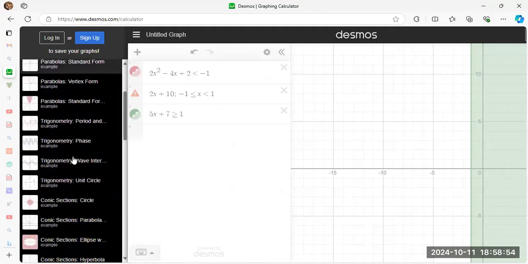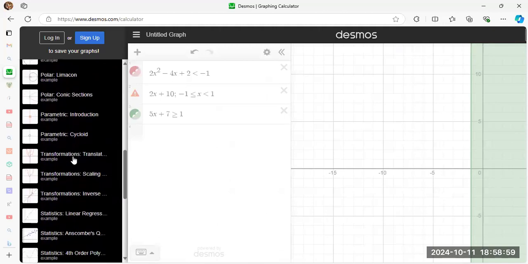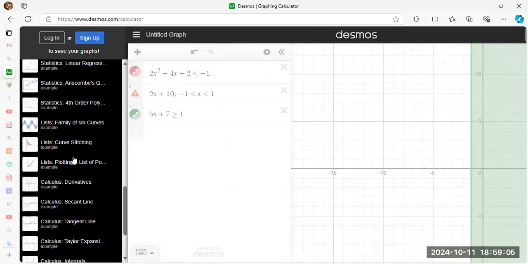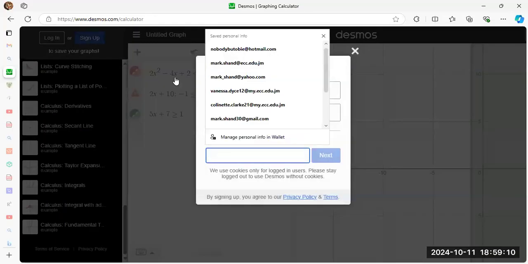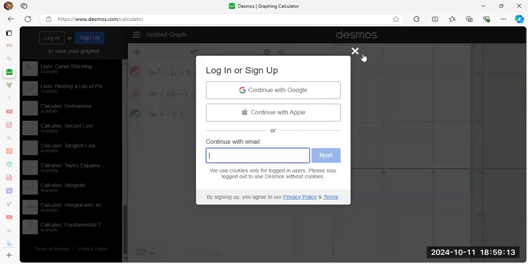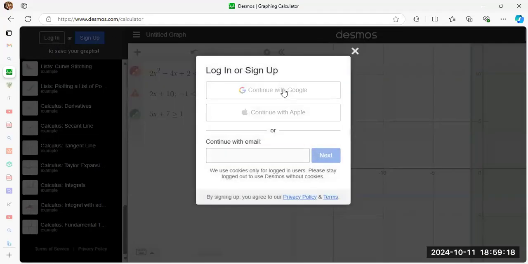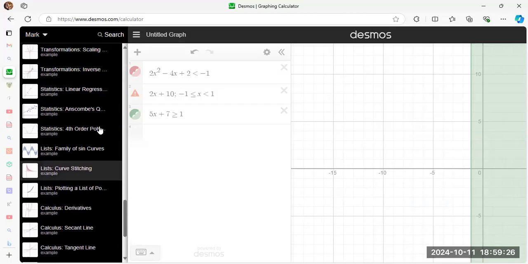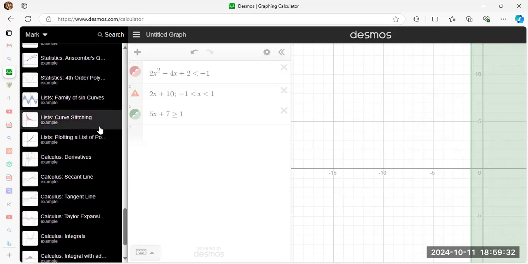I'm looking for my piecewise graph. This is a good introduction to it. I'm not seeing piecewise here. Oh, I don't need to sign up, I need to just sign in. Okay, so I'm into my account. Why am I not seeing it?